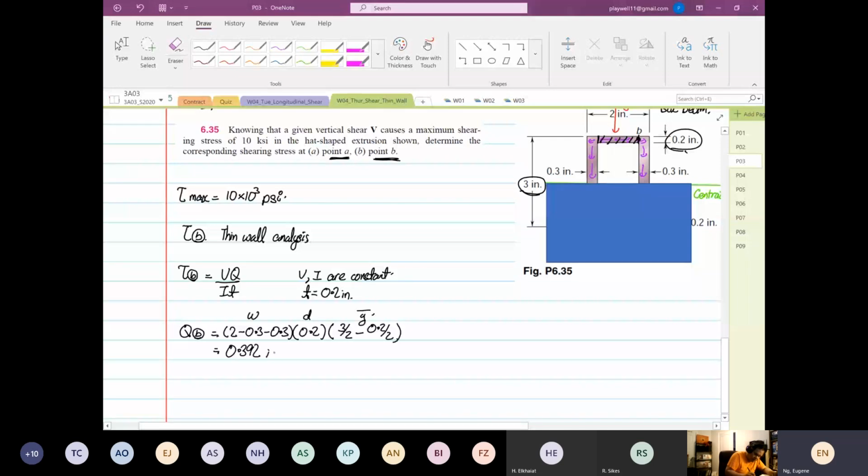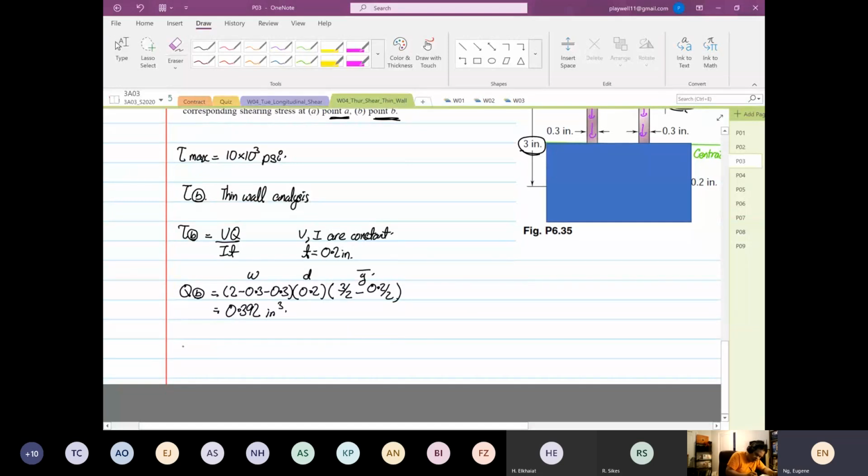Okay, so you have the shear at point B is equal to V over I multiplied by Q, 0.392, divided by the thickness, which is equal to 0.2.